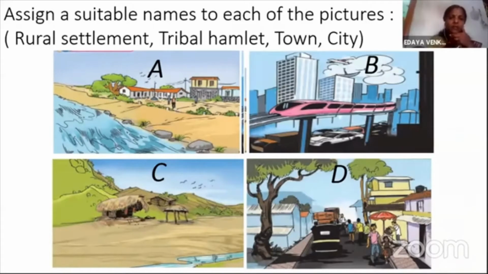May I know which settlement belongs to picture A? Rural settlement. Town. Is it rural or town? One answer for one question. Town, miss. And what about D? Rural settlement. I think you all are in a little confusion. D one is city and rural settlement is B.